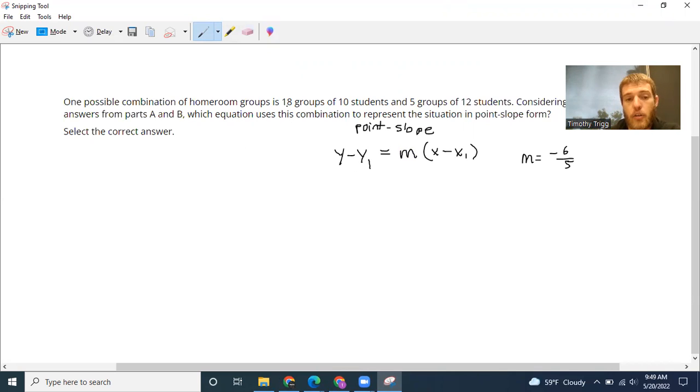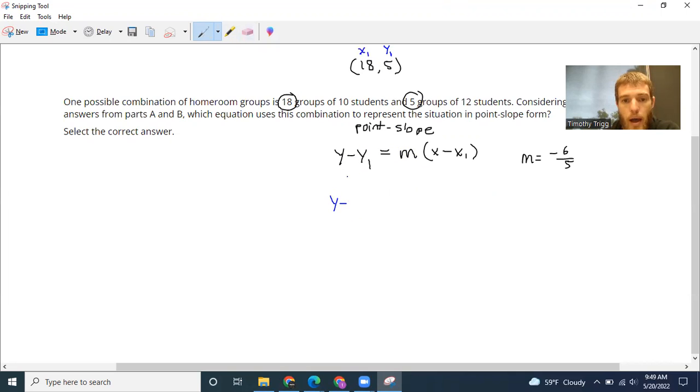Now it has another coordinate point, they say. You had 18 groups of 10 and 5 groups of 12. So the point we're using is (18, 5). 18 groups and 5 groups. So how do we write our point slope form for this line? Well, it's going to be y minus, for the y1, that's going to be your y coordinate. So this is your y1 and this is your x1 here.